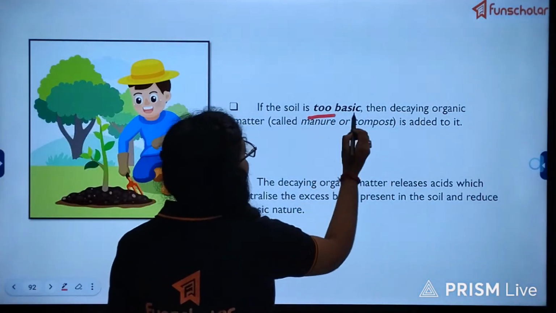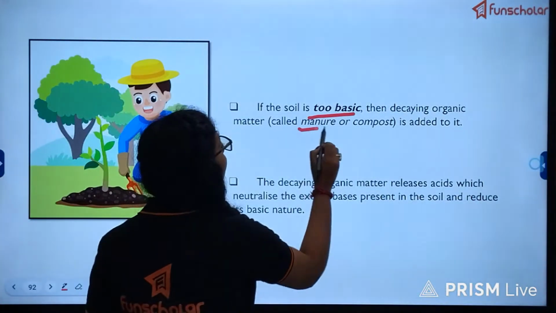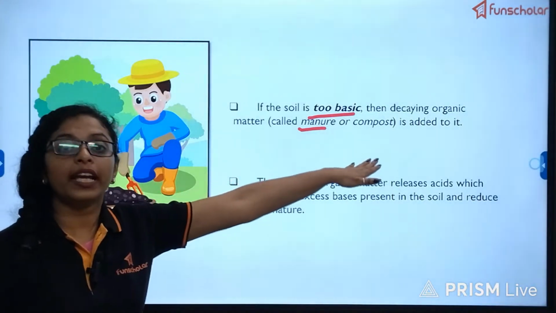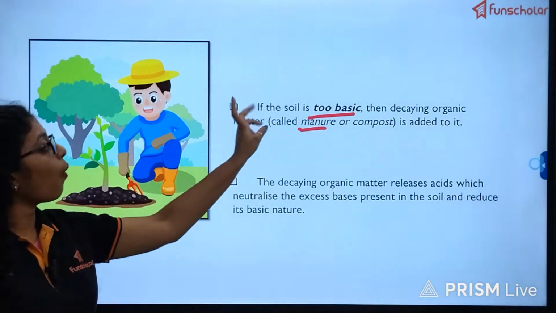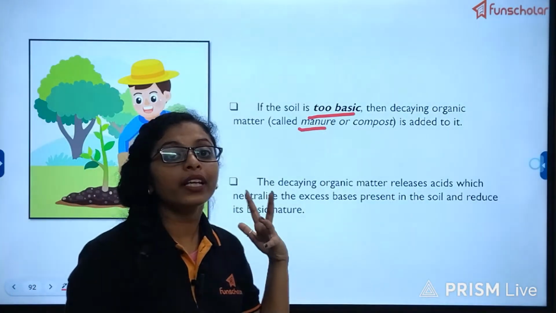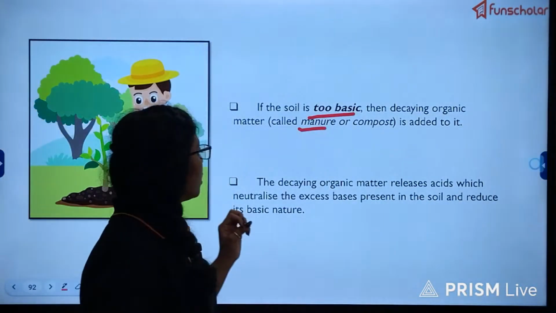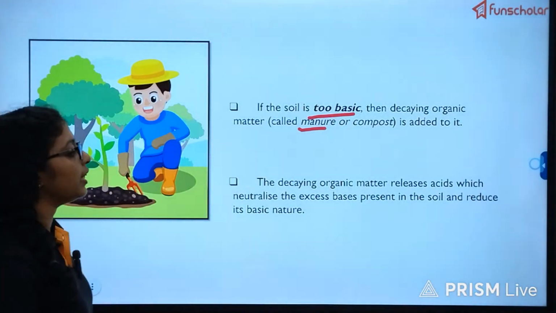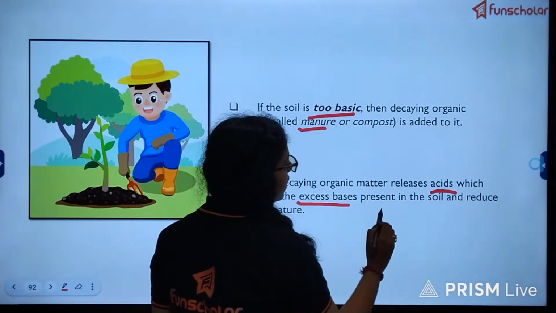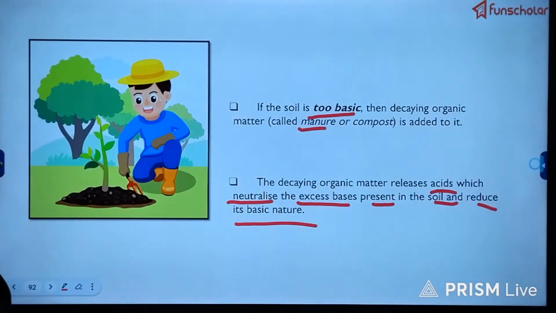If the soil is too basic, then decaying organic matter, like manure or compost, needs to be added to it. Why? Because they are organic matter and they are going to produce organic acids there. The decaying organic matter releases acids which neutralize the excess bases present in the soil and reduce the basic nature of the soil.